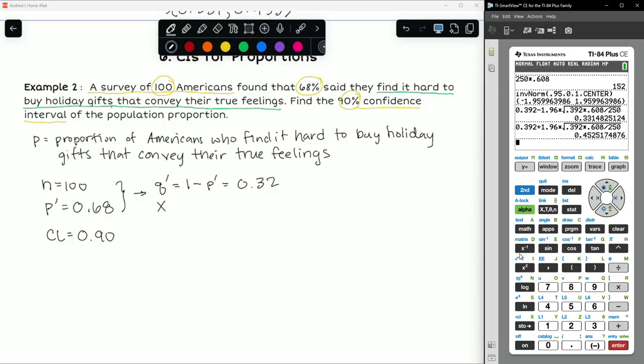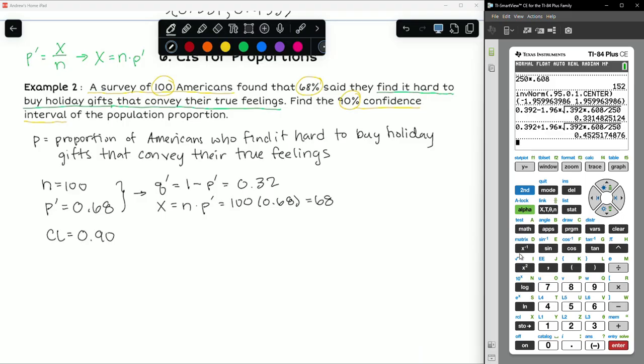And I know that if P prime is equal to x over n, in order to solve for x, I'm going to multiply both sides of that equation by n, so I get that x is n times P prime. So n times P prime, I know n is 100 and P prime is 0.68, so that's just going to be 68.